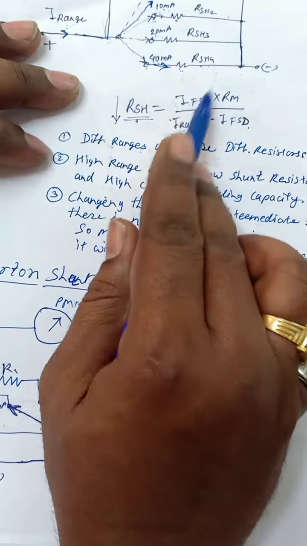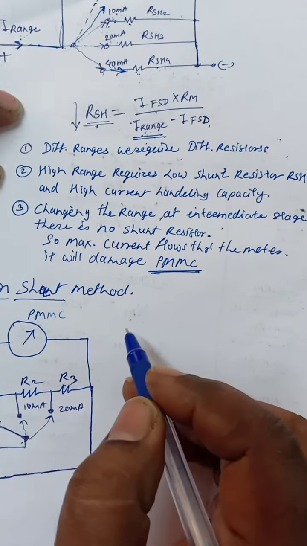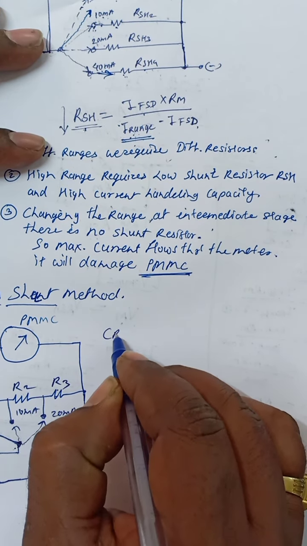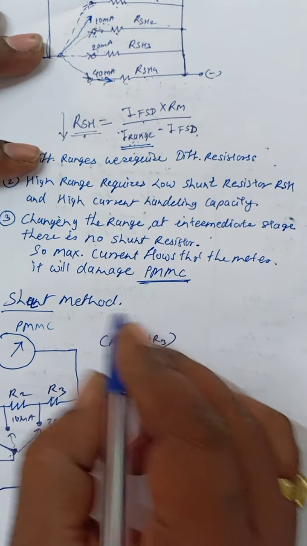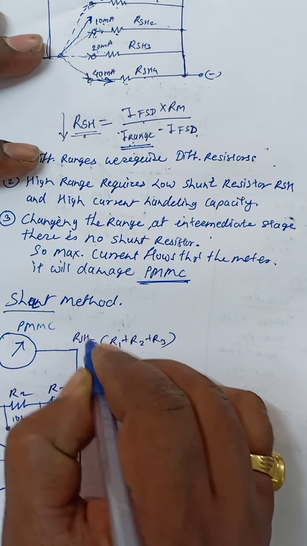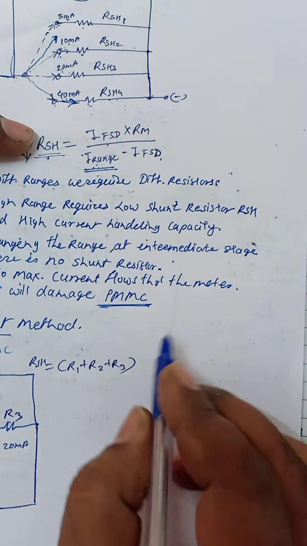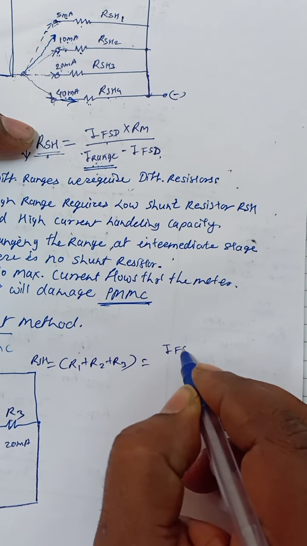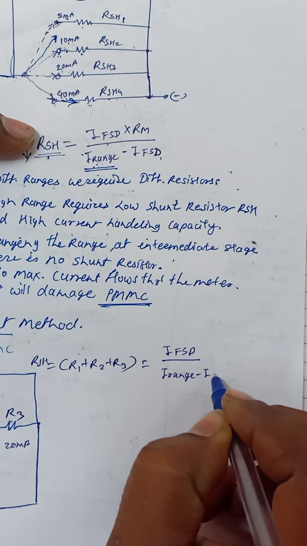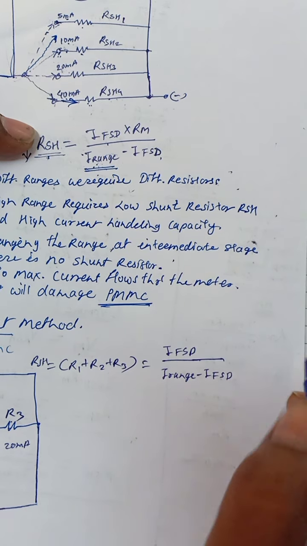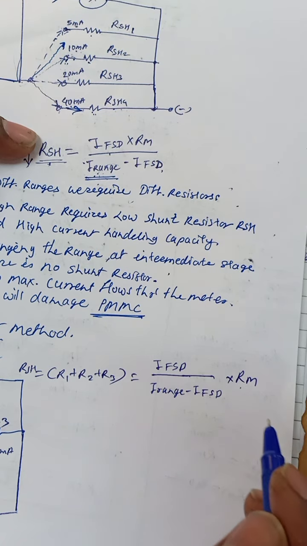According to this formula, RSH is R1 plus R2 plus R3, which is equal to IFSD divided by I range minus IFSD, into RM. You can write RM here or here, that is the same.